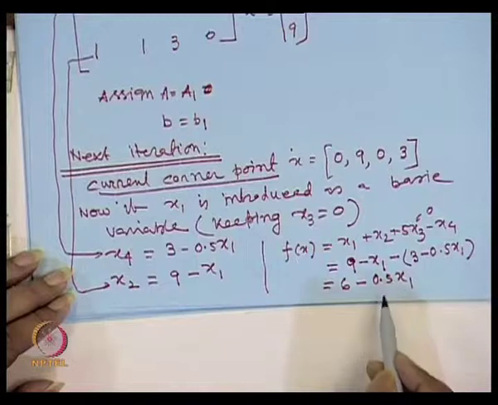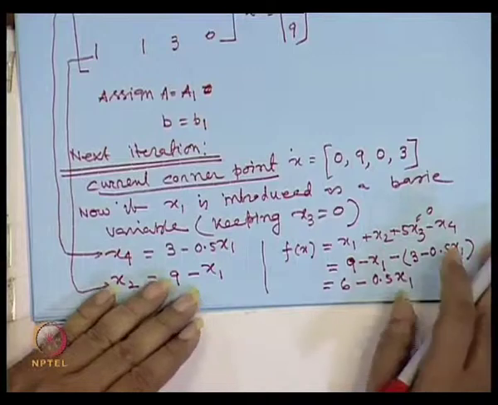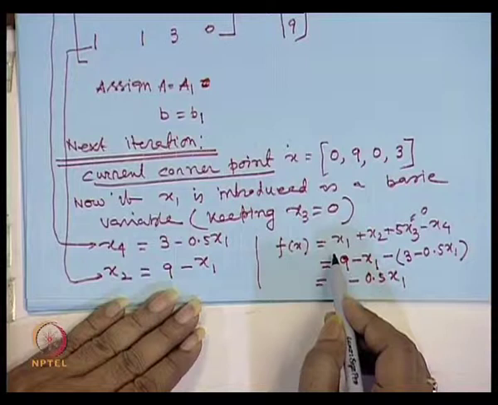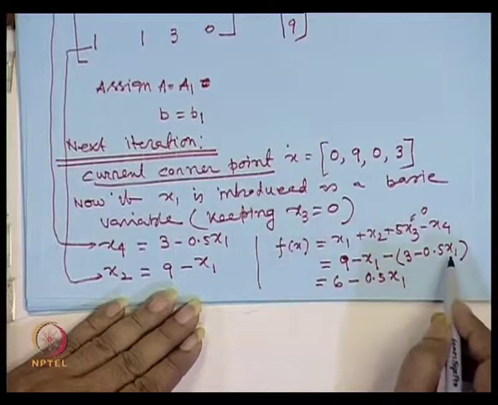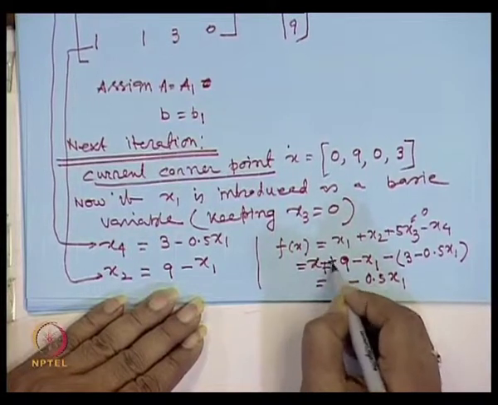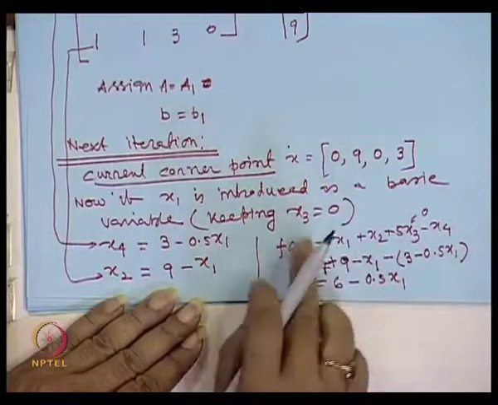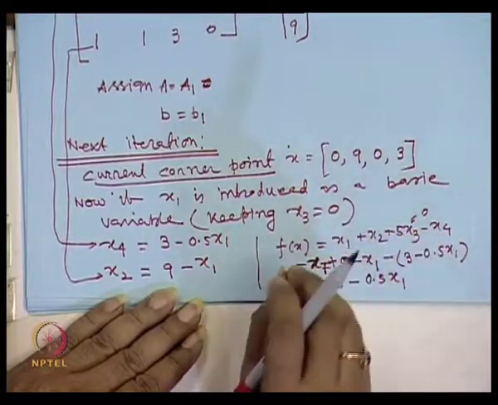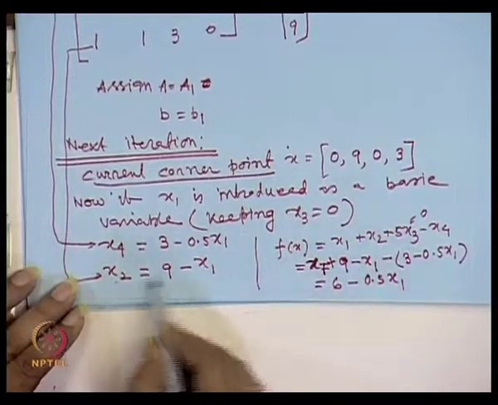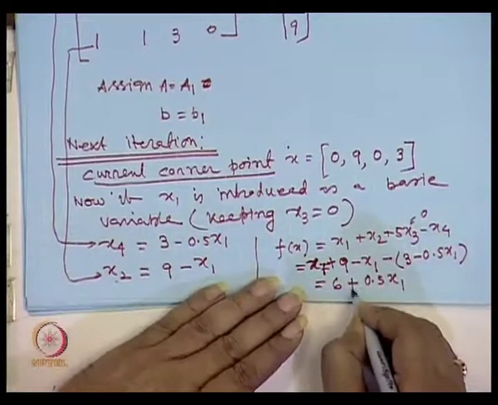Just see, this x 1 is that x 1, because x 1 value is now not equal to 0, it is a basic variable other than 0. So, x 2 value is written 9 minus x 1, x 3 value is 0, and x 4 value is this. So, it will be a plus.